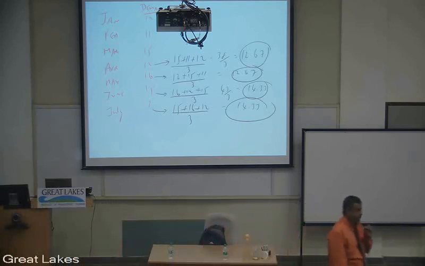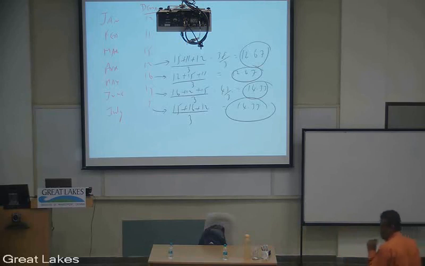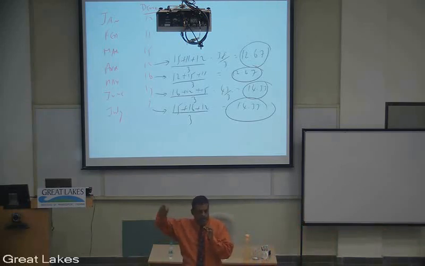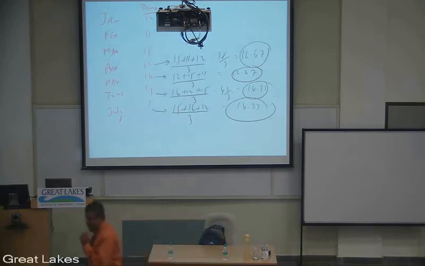In our case, it happens to be the month of July. I cannot forecast what's going to happen in August, September, October, etc. That's the reason why this is also referred to as a short-term forecasting tool. It's short term, not long term, not medium term. It's a short-term forecasting tool where I'm just able to forecast for the month of July.